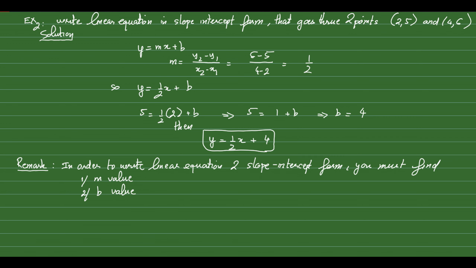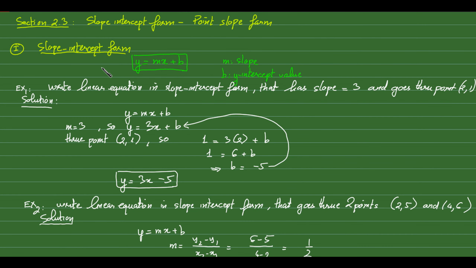Then you plug them in, and that's it. I'm going to give you more examples on this later, but that is how we use the slope-intercept form to write a linear equation.